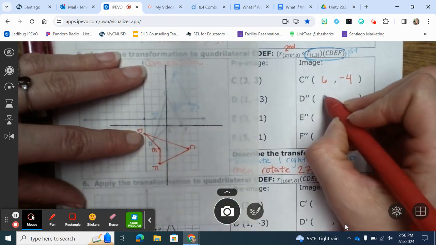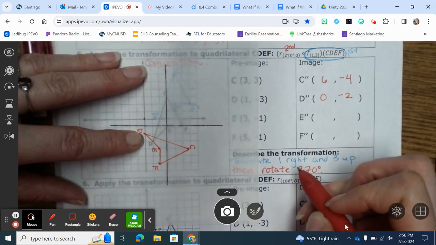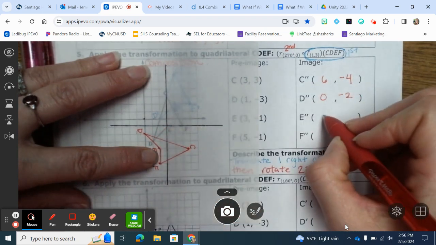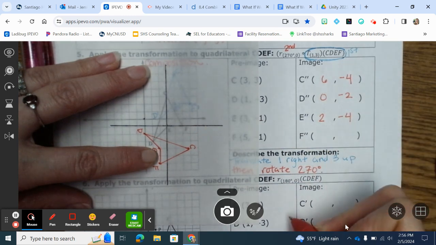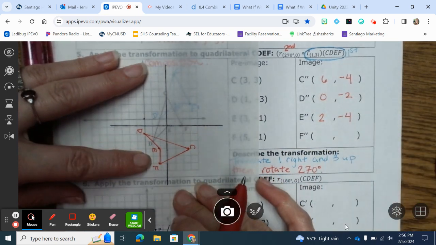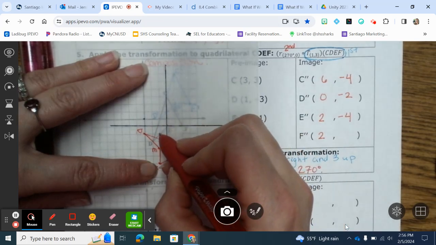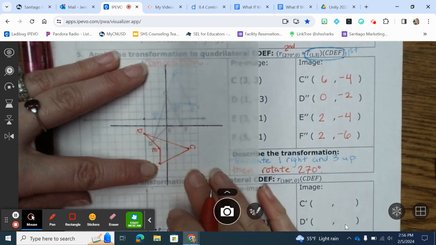D is going to be 0, -2. E prime prime is going to be 2, -4. And F is going to be 2, -6.